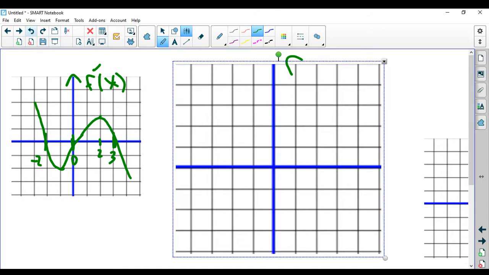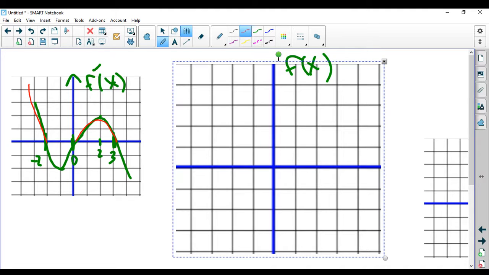So to graph the original function based off the first derivative, just look at where the first derivative goes from positive to negative and vice versa. Because when the first derivative is positive, I'll do the positive parts in red, from here to here and here to here, you know that function is increasing.